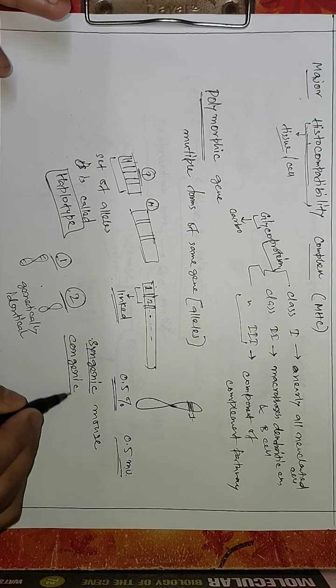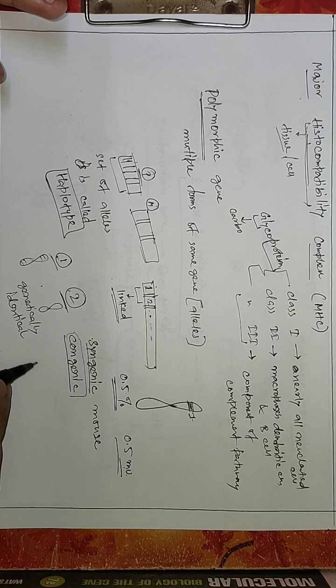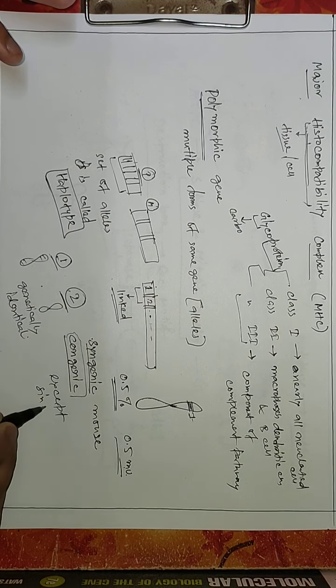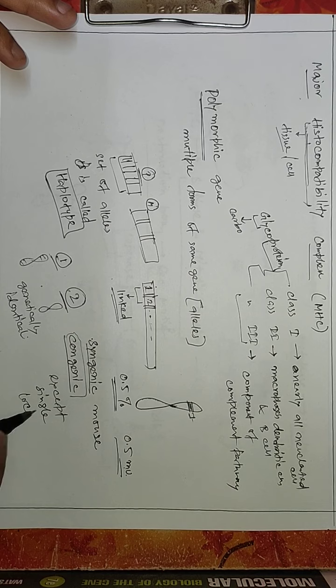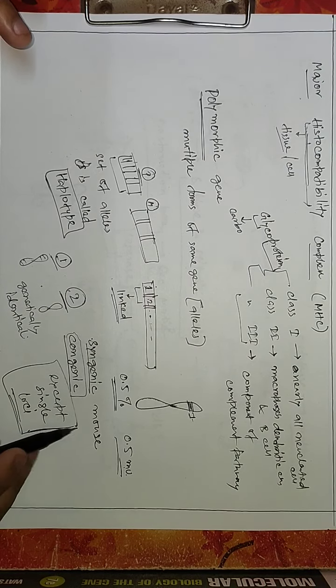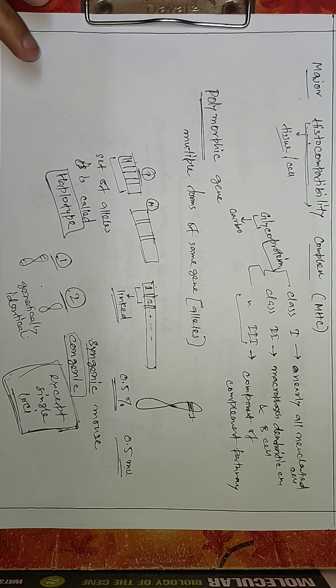And finally there comes the term congenic. Congenic means they are identical in all loci except a single locus, which is very useful in immunological experiments at the molecular level.